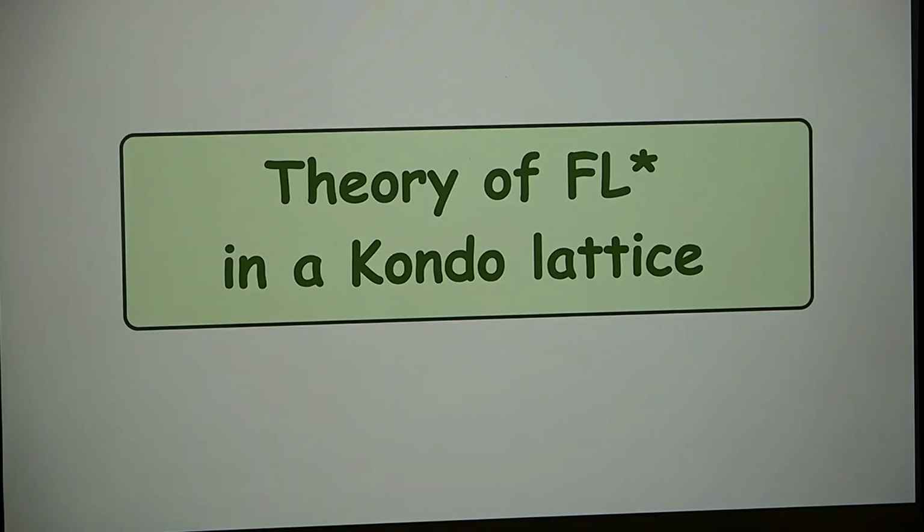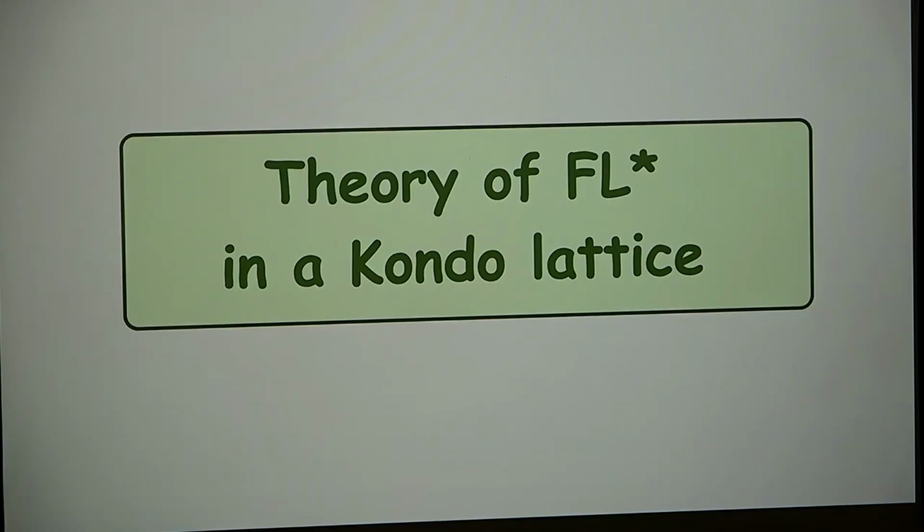Can you describe the FL star in a more realistic spin liquid, and do it in a way in which you get the FL star state already in a mean field theory? Then you can start doing all kinds of stuff. Right now, I'm showing you FL star after some lengthy calculation that no one knows how to do. But we can still make some statements about it.